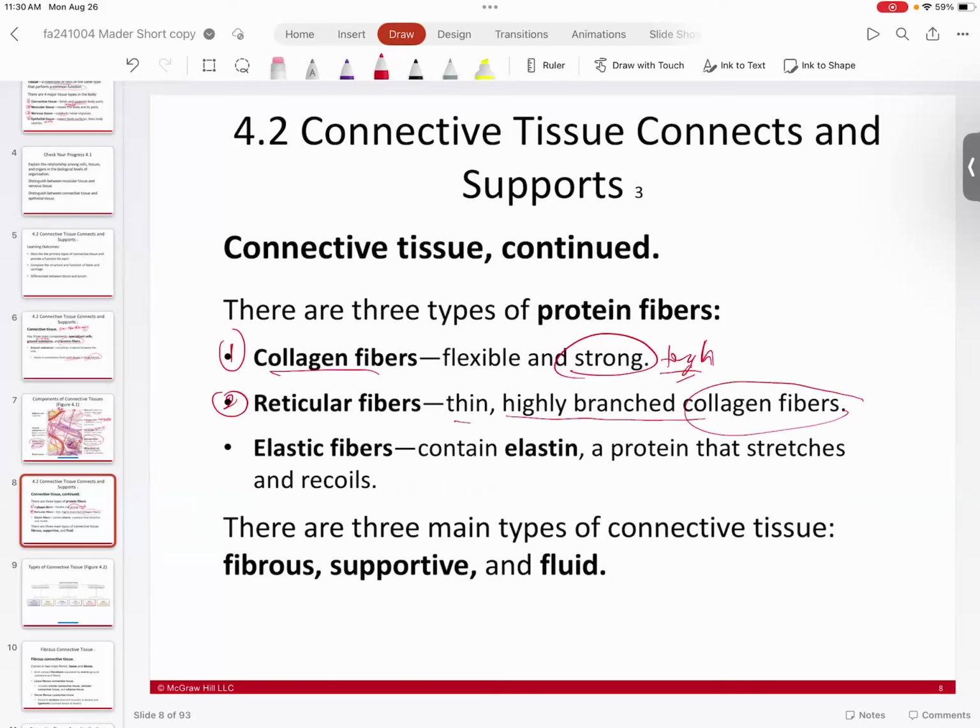They're a little bit less tough than the true collagen fibers, and more like a scaffold. And of course, you have your elastic fibers, which are made of a protein called elastin. This gives you both stretch and recoil, so it's basically for flexibility.